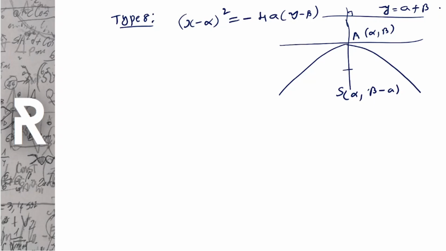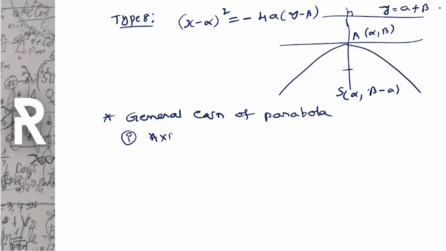And one more thing, the general equation of a parabola with axis parallel to the y-axis. You see in the 7th and 8th types, x has degree 2 and y degree 1. So here y equal to ax square plus bx plus c.